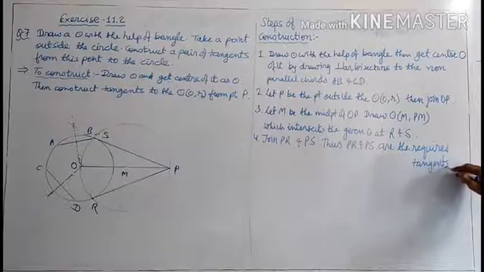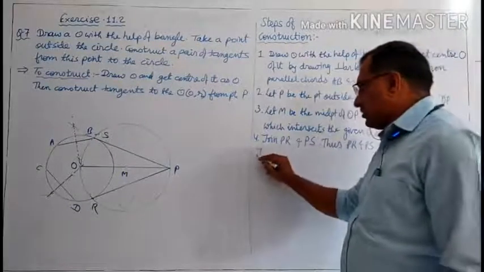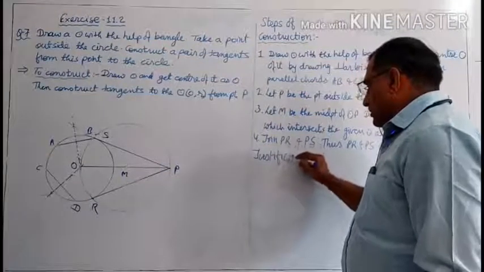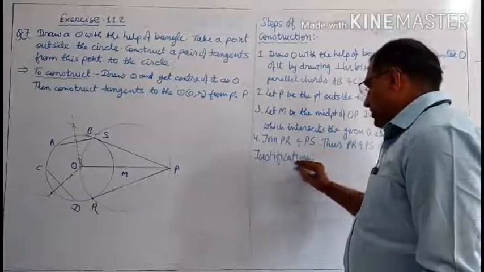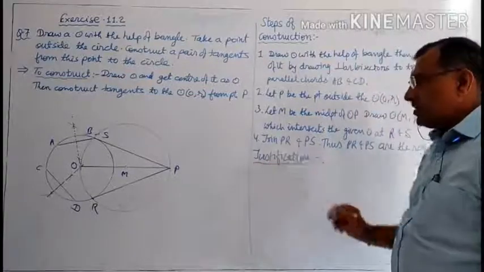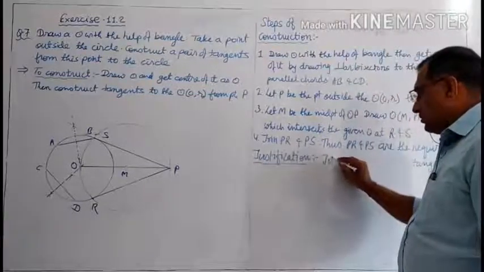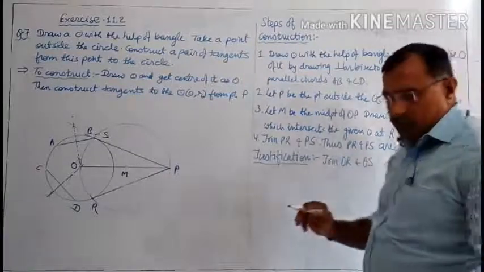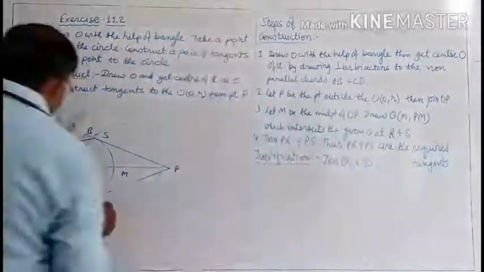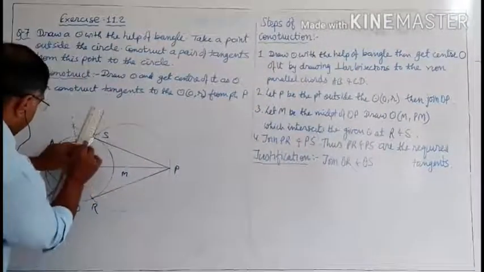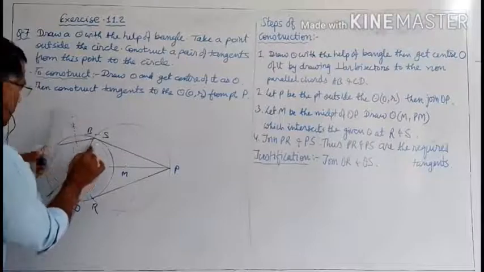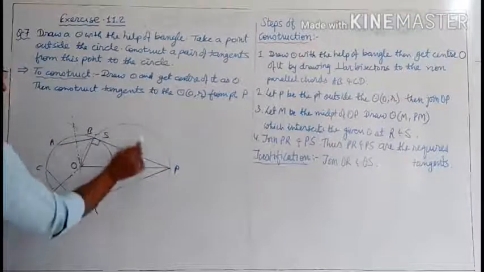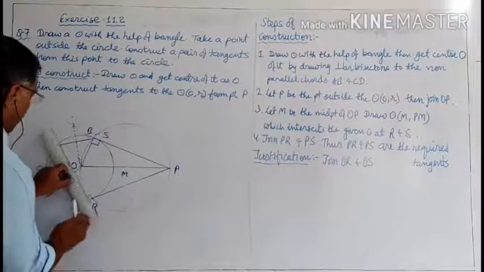Now how can you say that these are the tangents? Justification, as we have done for all other questions. Here, first of all, join OR and OS. When we join OR, the angle is a right angle because it is an angle inscribed in a semicircle with diameter OP.